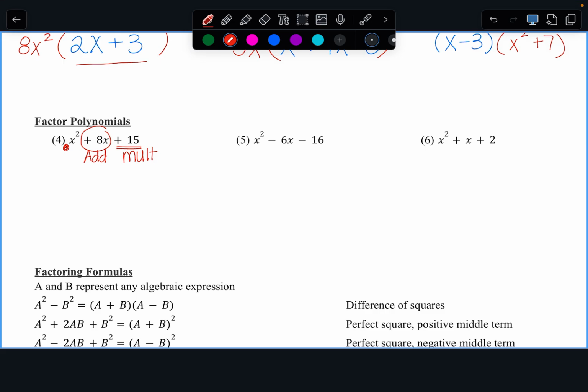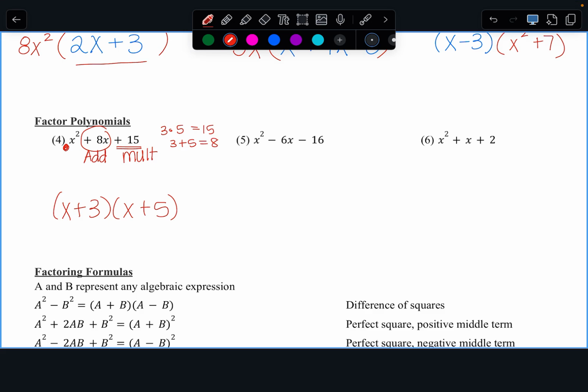Yep. Exactly. X plus 3, x plus 5 is your answer. Because 3 times 5 equals 15, and 3 plus 5 equals 8.